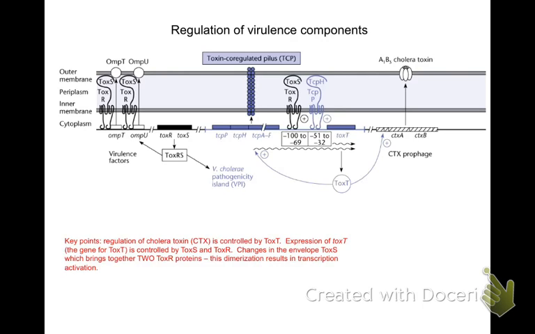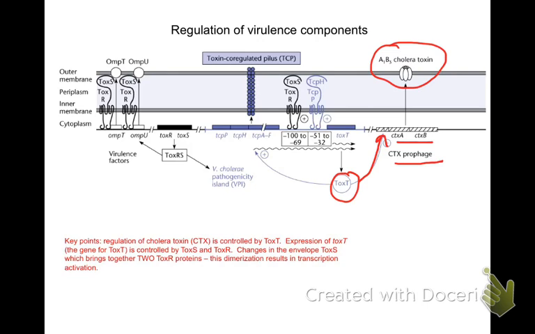So here's the cholera toxin. We're going to kind of go backwards on this. There are two separate genes encoding these different subunits. And again, that's on a prophage. ToxT is the protein that's going to be directly involved in activating expression of this.